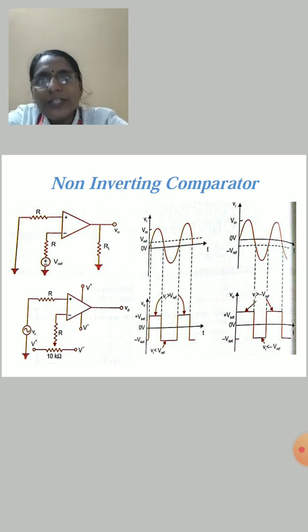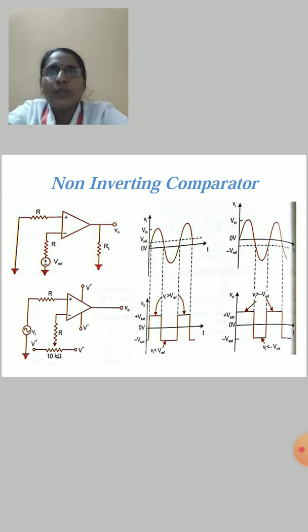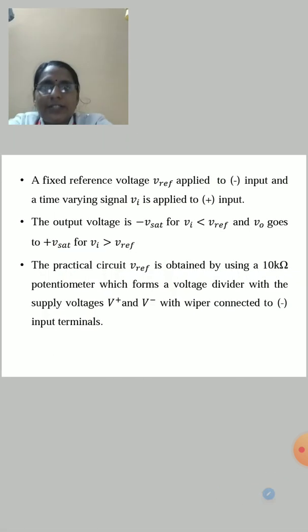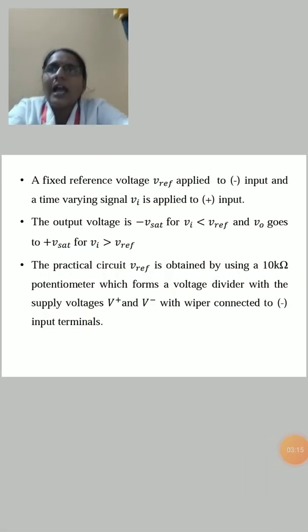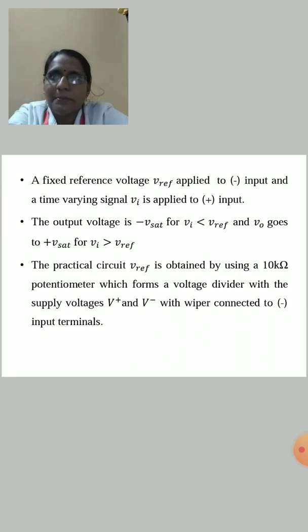When Vin is negative, then V0 is minus V saturation. This is because the open loop gain of the op-amp is very high, so even for a very small input voltage the op-amp output saturates. These are the input and output waveforms for a basic non-inverting comparator.